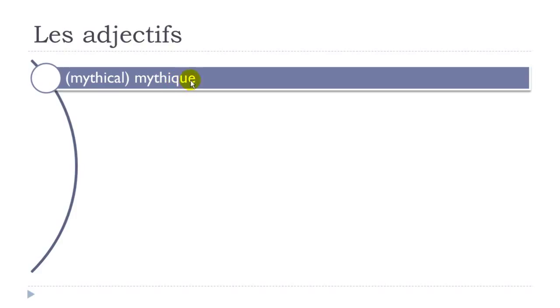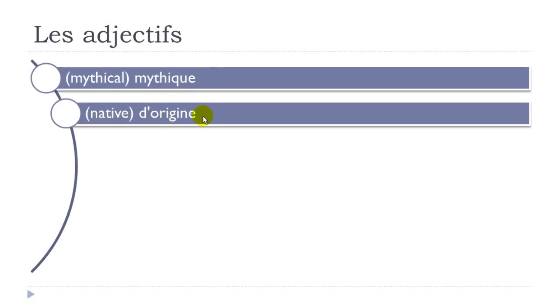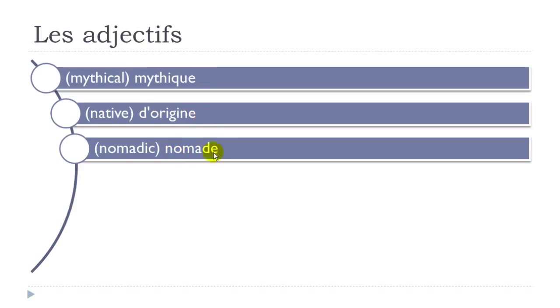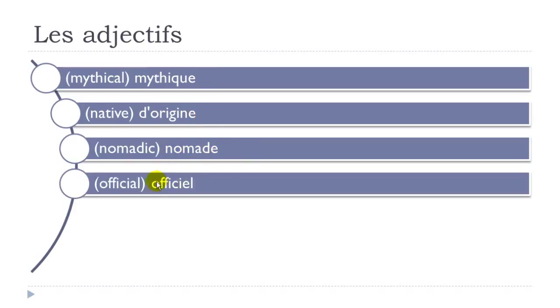Mythique. Remember, Q-U at the end, K, okay, and then Y is pronounced like I. Mi, H is not pronounced. T, K. Mythique. D'origine. Nomade. Final E not pronounced. Officiel.